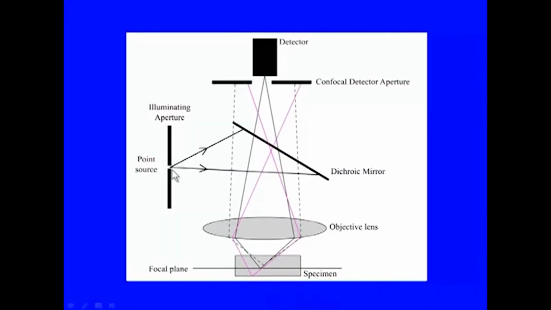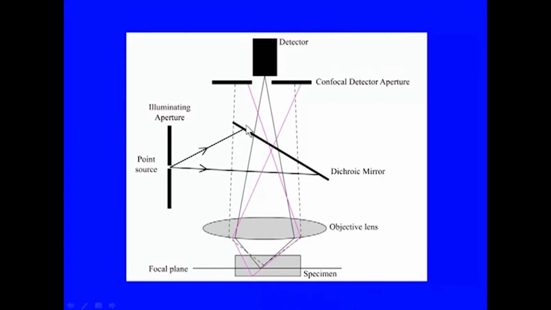Now, if you can see here, there is an illuminating aperture through which the lasers are pointed at the dichroic mirror, that is the beam splitter, as we have seen earlier. Here lasers are required because it requires high intensity and focus.